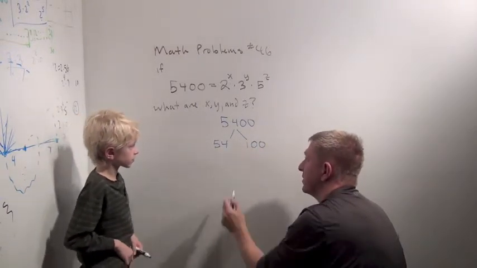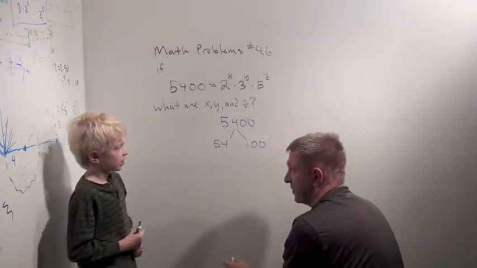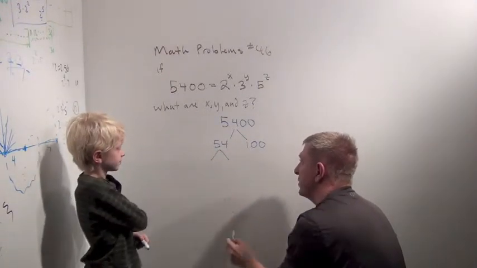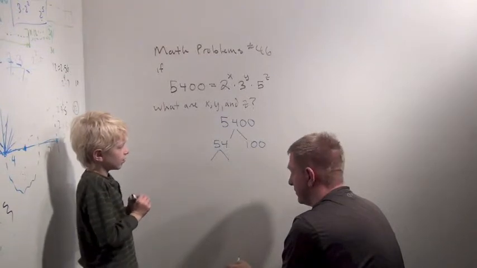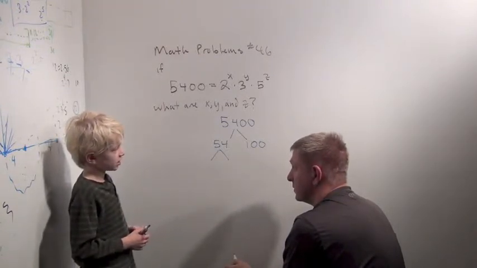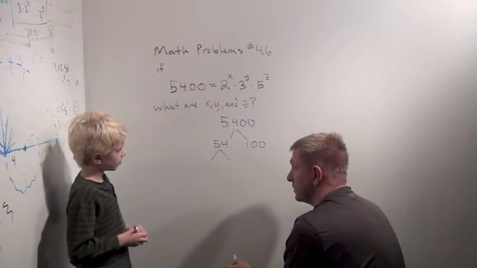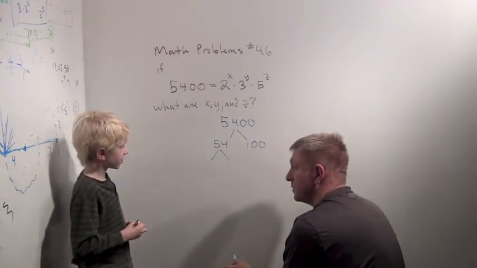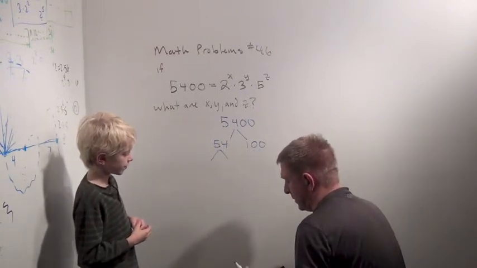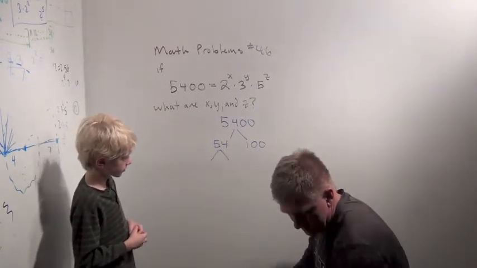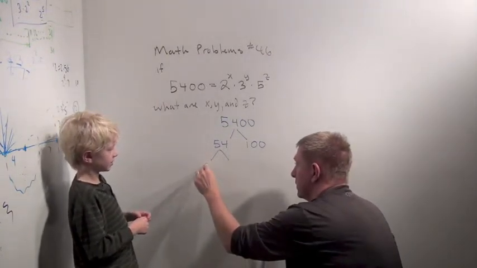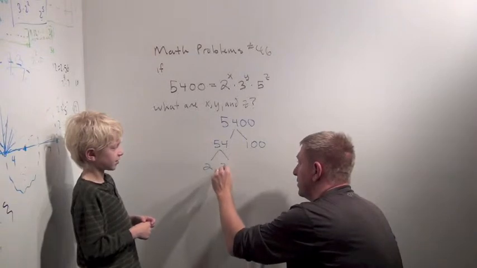Now we're into some things that are much easier to factor. So what's 54? Can we factor 54? It's 2 times 27.